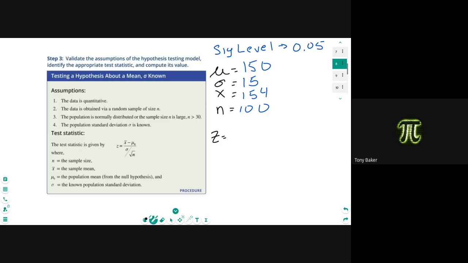The formula has not changed. It's the same formula we did before. X minus the mean over standard deviation divided by the square root of n. So it's 154 minus 150 over 15 divided by the square root of 100. And I probably should have typed that into Desmos before just now.